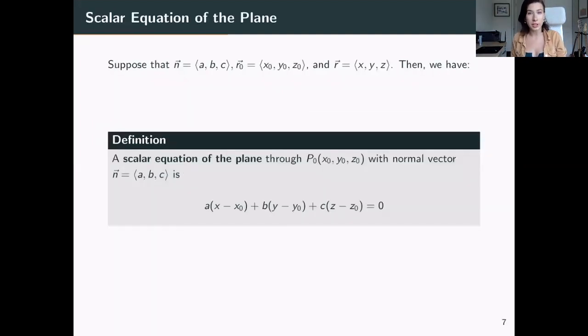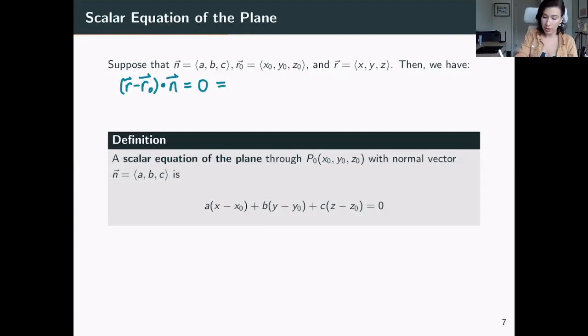From the vector equation, we can generate the scalar equation. So suppose that we have n as (a, b, c), that's my normal vector to the plane. I also have my R0, my point being (x0, y0, z0), and my R to my arbitrary point just being (x, y, z). Then I can note that I have R minus R0, by my vector equation, dotted with my vector n is equal to 0, but I also know that I can write this out in its component form.